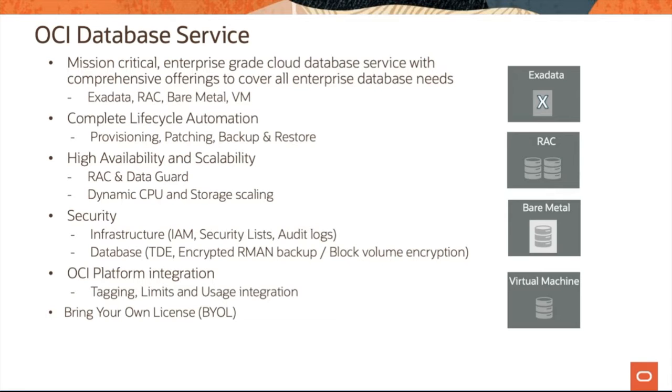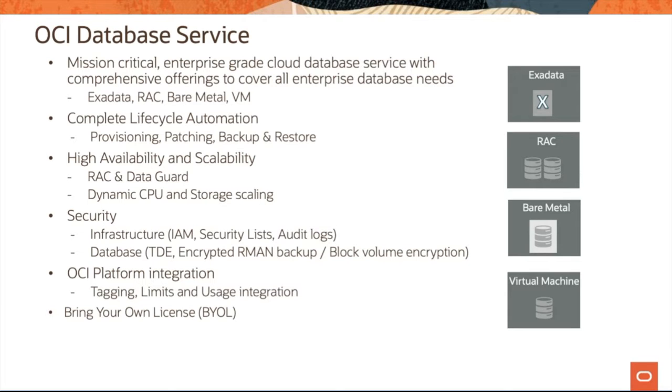You can deploy real application clusters for virtual machines, and our Exadata also has the ability for customers to deploy real application clusters. We provide complete lifecycle automation, which includes provisioning databases at the click of a button, patching databases at the click of a button, and you have the ability to restore your database from backups at the click of a button.